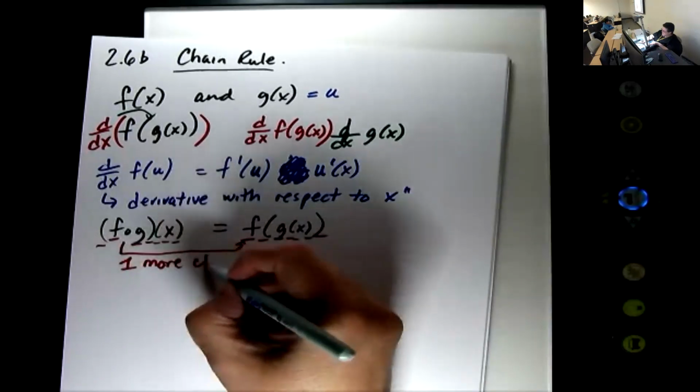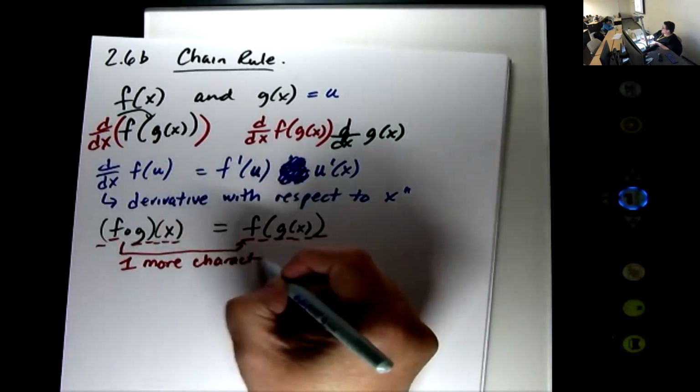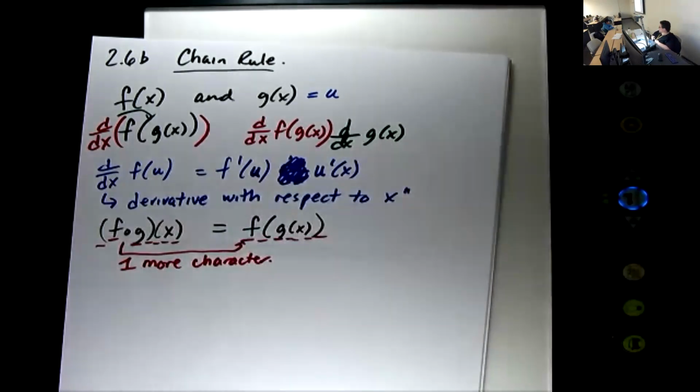It's not a shortcut. It actually takes longer to write. Who in mathematics thought this was a good idea? I don't know. It actually takes longer to use the notation people like to use.